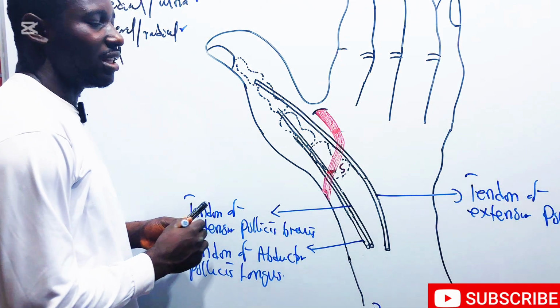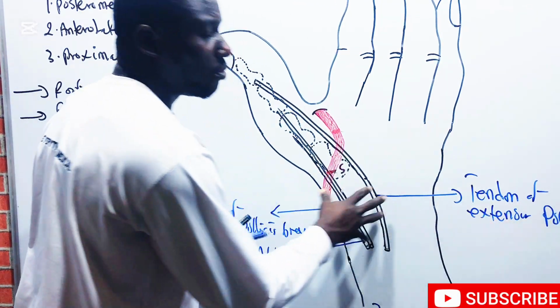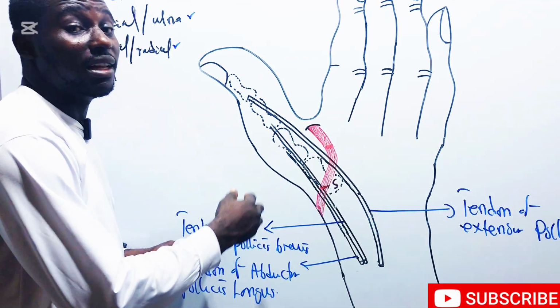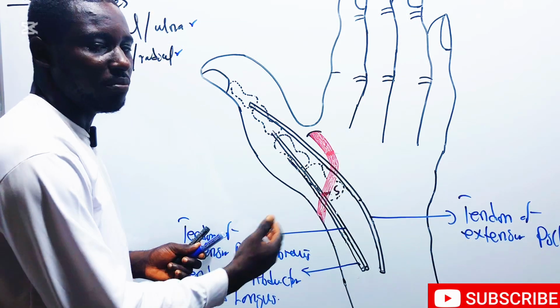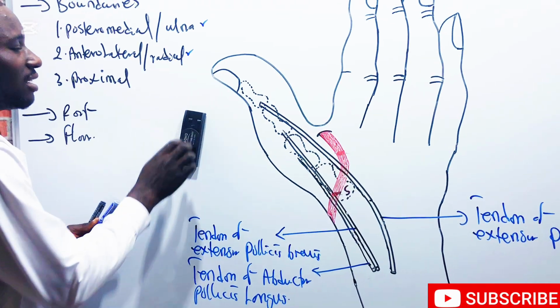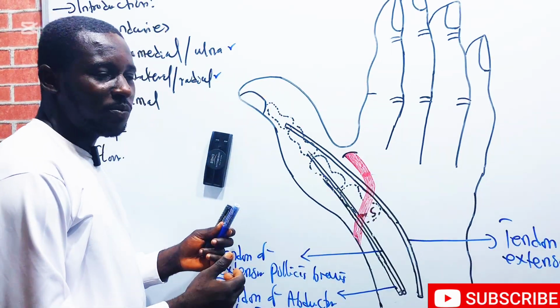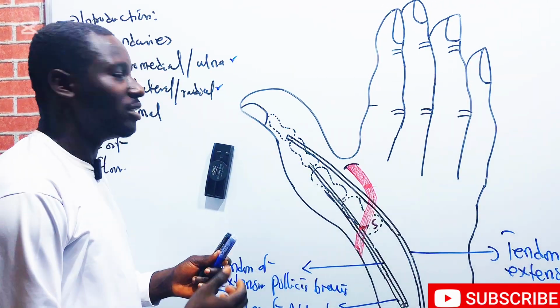I said previously that it is not the muscles that form this boundary, it's actually the tendons of the muscles. The proximal boundary is actually formed by the styloid process of the radius.